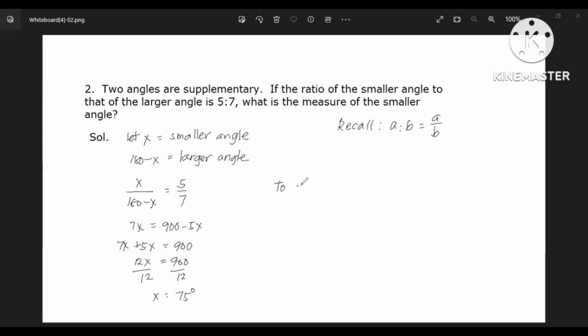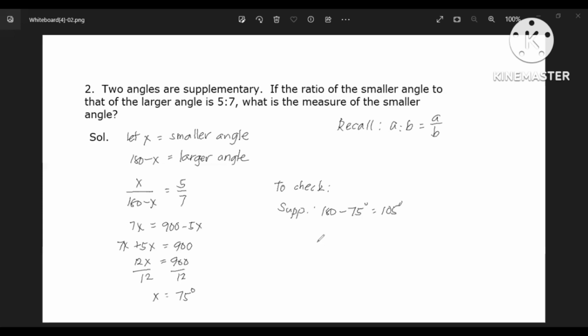Now to check whether our answer is correct, let us take the supplement of 75 degrees. So that is 180 minus 75, which is equal to 105 degrees, di ba?